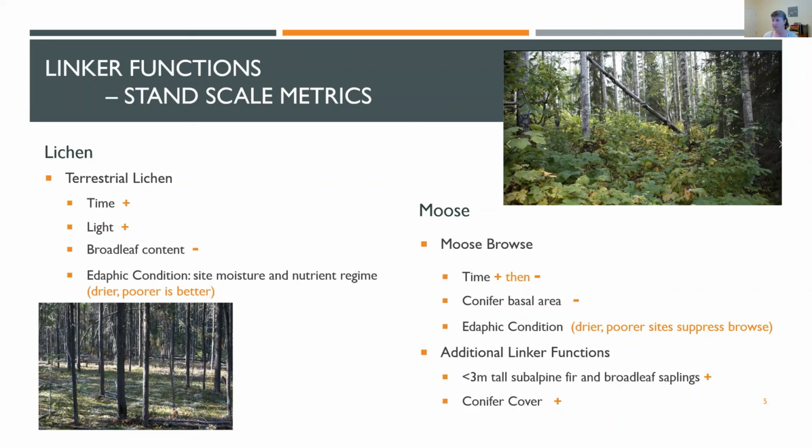For moose browse suitability, time since disturbance was also important. Conifer basal area was negatively associated with moose browse, as conifers compete with the moose browse for resources, and edaphic condition, where drier and poorer sites suppress browse. We also developed linker functions based on the density of subalpine fir and broadleaf saplings that are important for moose browse and conifer cover.